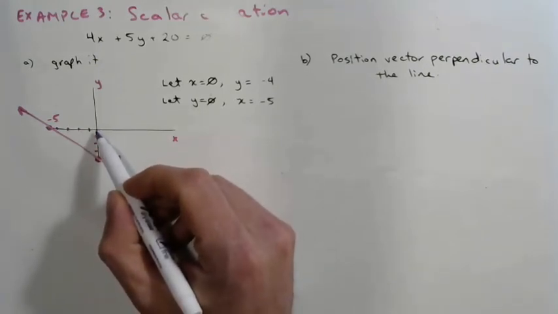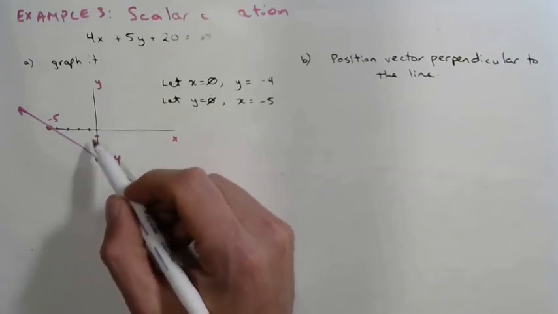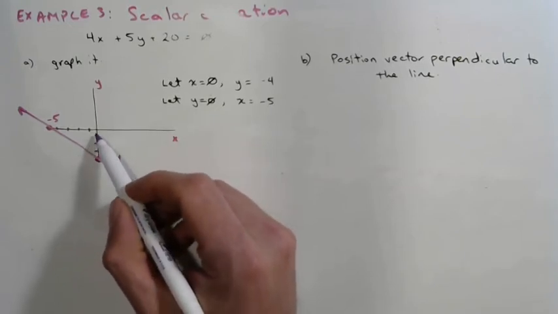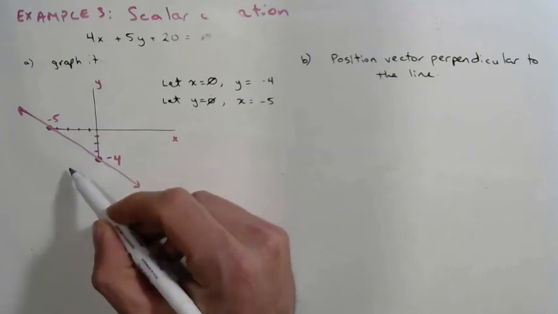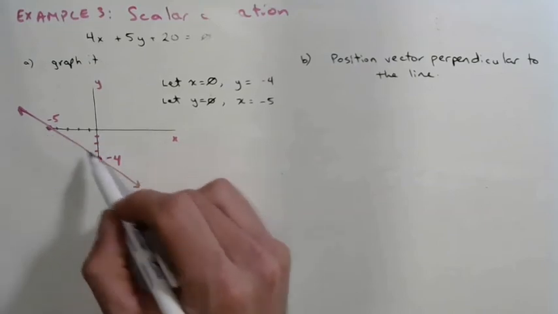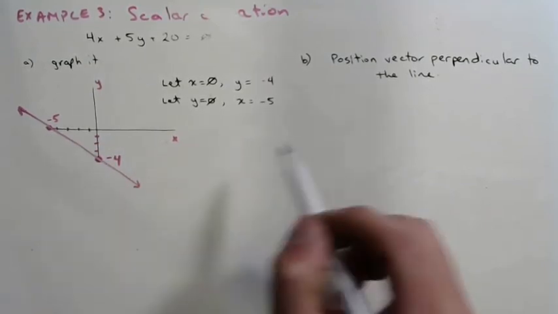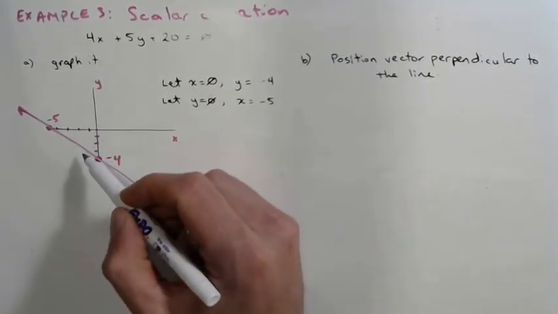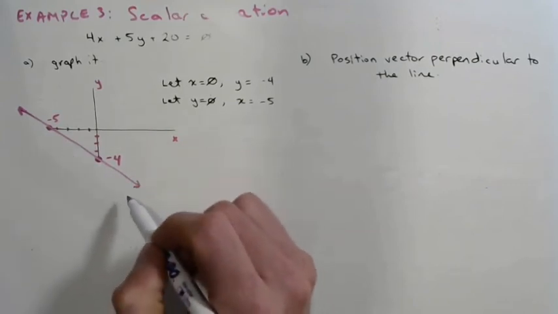So the vector itself is not necessarily going to cross this line, unless it extends from here backwards. But at any rate, the slope is going to be the opposite reciprocal of this slope. So the direction vector is going to cause us to be perpendicular to the line that's given.